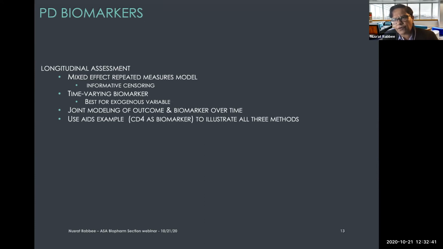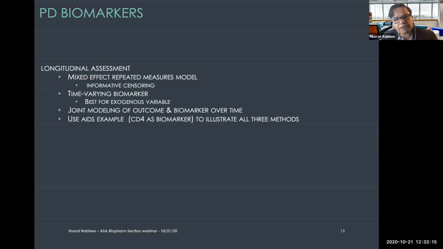So the covariate, which is in our case a biomarker, is allowed to vary over time and influence the endpoint. And therefore, that is a more powerful way of modeling a biomarker with the clinical endpoint. So that's something that I give code and explain in detail how that is important.